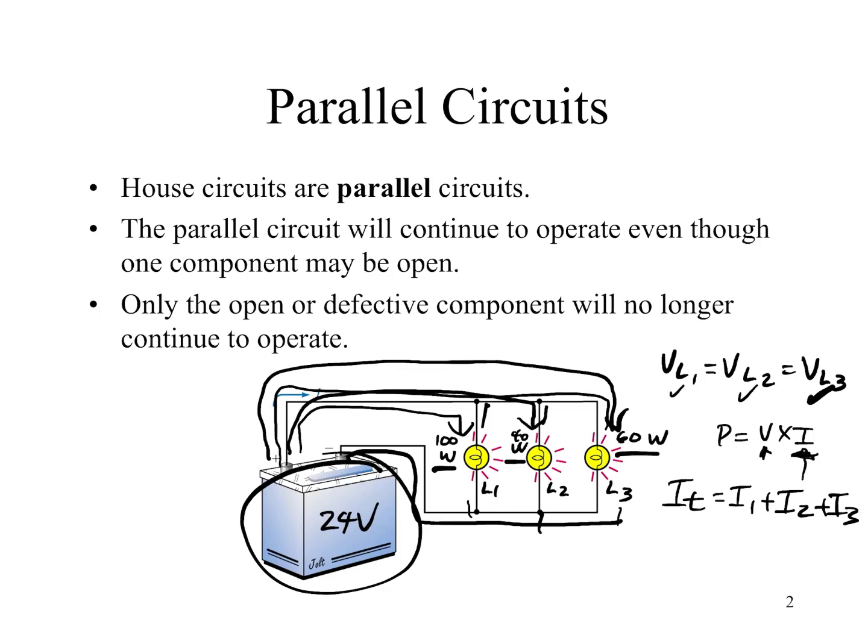So you can imagine if this 40 watt were to go open, that would mean there'd be no longer an I2 component to our total current, but there's no doubt that I1 and I3, or lamp 1 and lamp 3, would continue to draw current from the source because they share those source terminals, and they would continue to dissipate 100 watts and 60 watts respectively. One load had no effect on the other load, giving it independent operation.